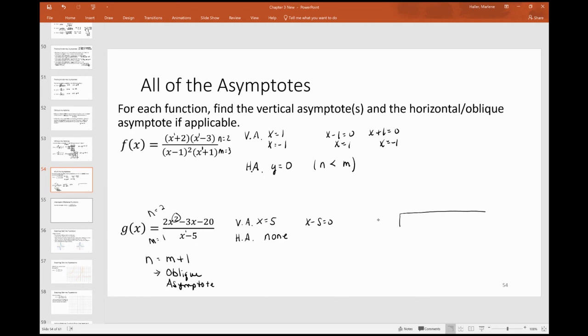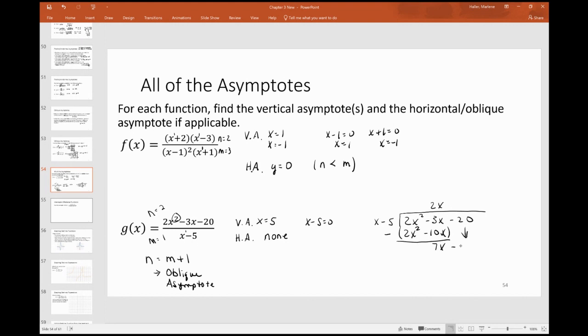We're going to divide x minus 5 into 2x squared minus 3x minus 20. Okay, x goes into 2x squared, 2x times, and we multiply that out and subtract. Negative 3x plus 10x is going to be 7x.